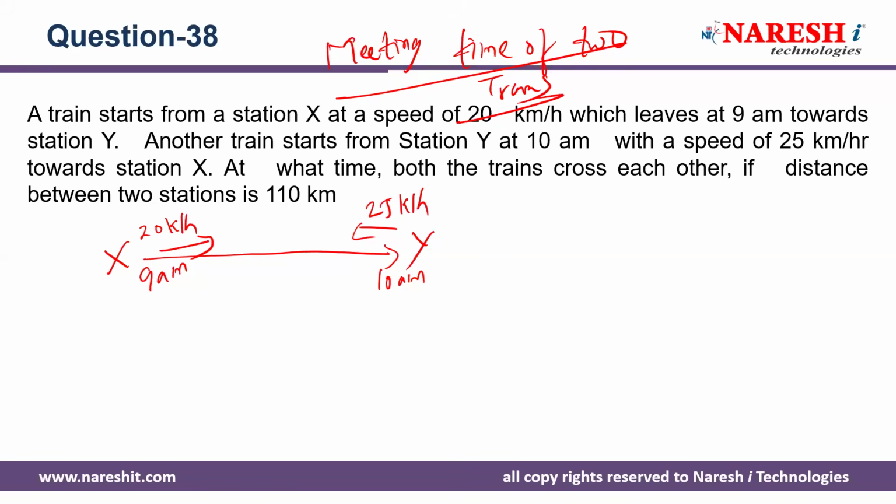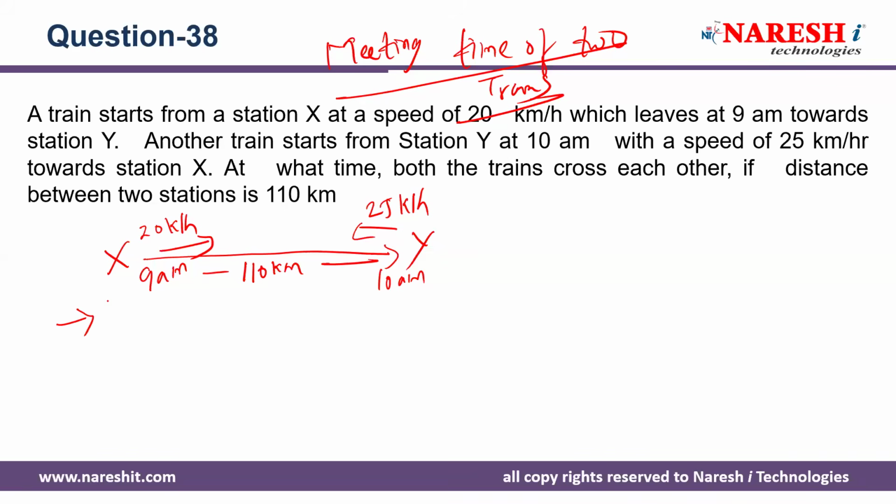At what time do both trains cross each other if the distance between the stations is 110 kilometers? Observe carefully. X is traveling towards Y, Y is traveling towards X. That means 100% they will meet at one point. So they're asking at what time they will cross each other.